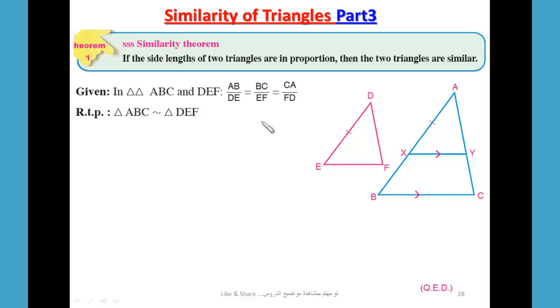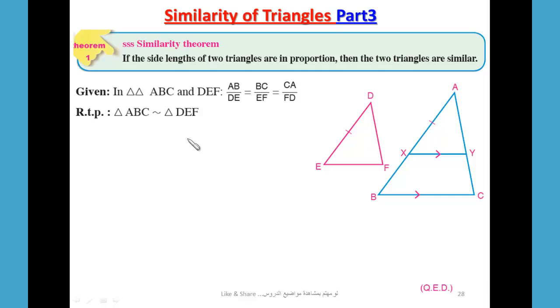So we deduce that triangle ABC is similar to triangle DEF, and this is the required to prove. So if the side lengths of two triangles are in proportion, then the two triangles are similar. The required is to prove that the two triangles are similar.